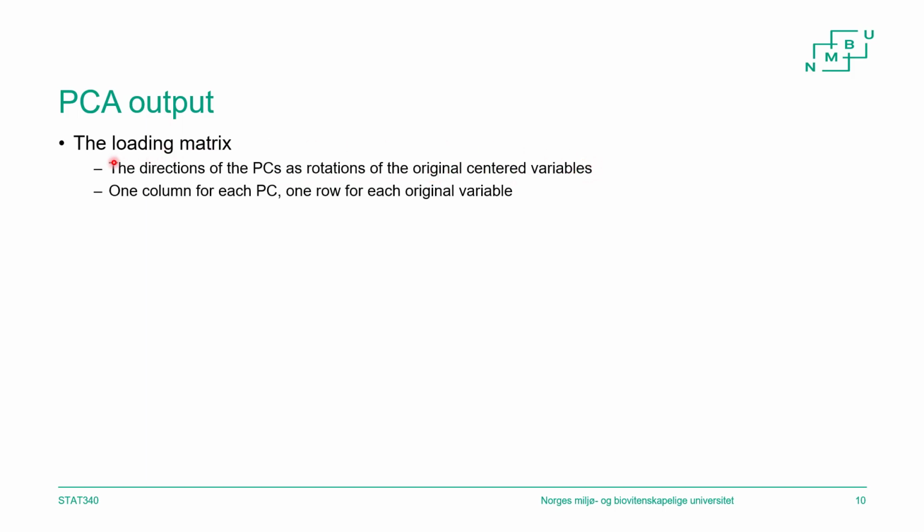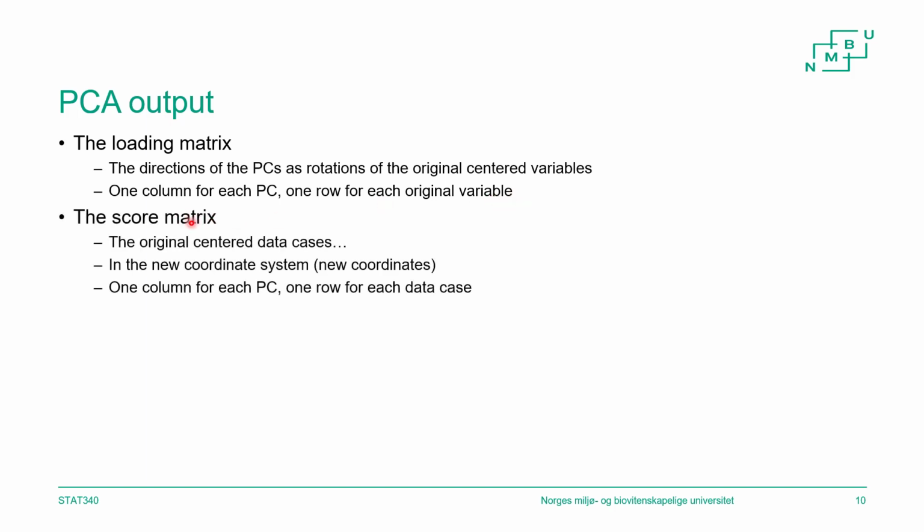So the loading matrix tells us in a way where the principal components are, in which directions they are, as a combination of the original centered variables. There is one column for each principal component and one row for each of the original variables. We will see it a little bit more shortly.